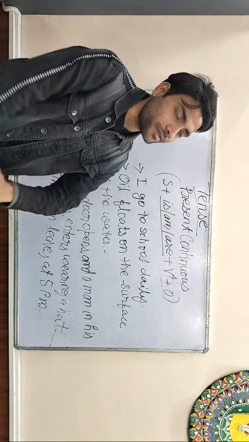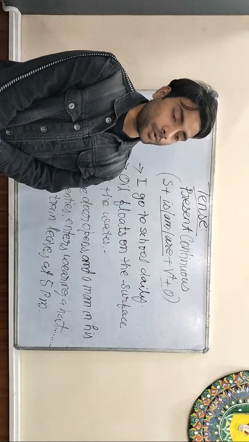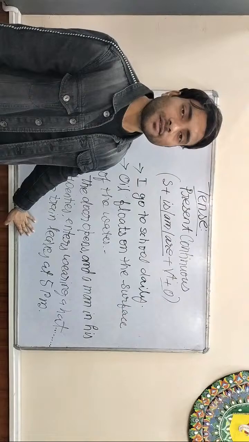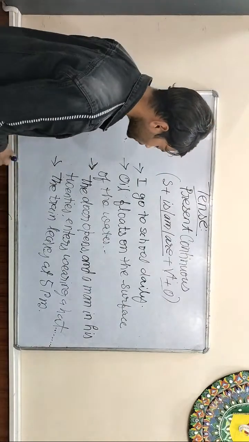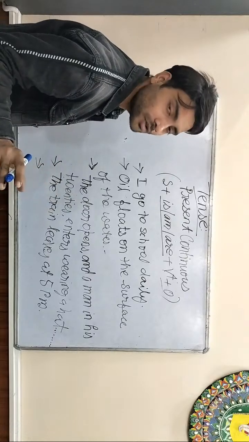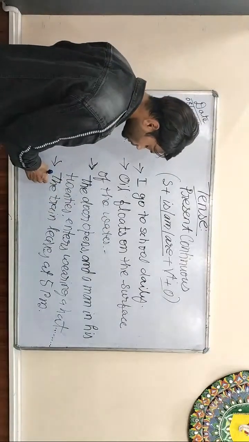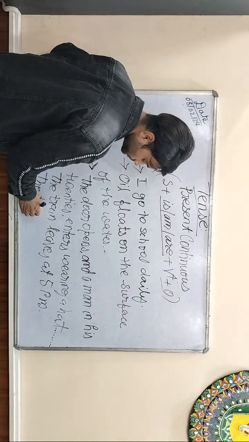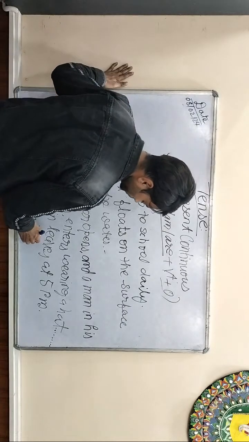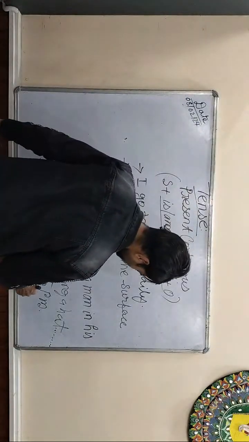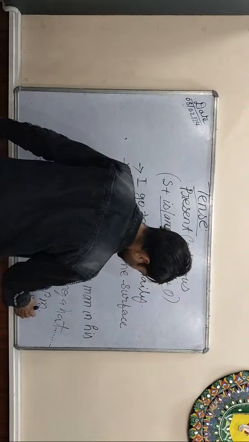To express an event that is going to happen for sure, you can use simple present tense as well. It's nothing wrong even if you use simple future, it's not going to be wrong. The train will leave at 5 p.m.